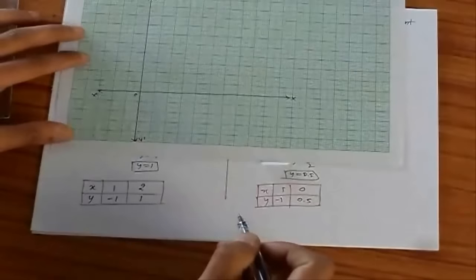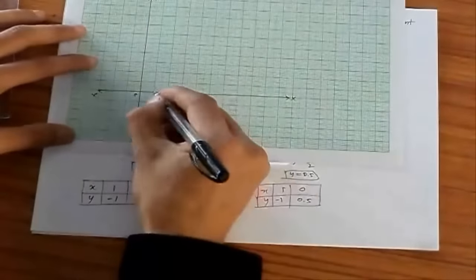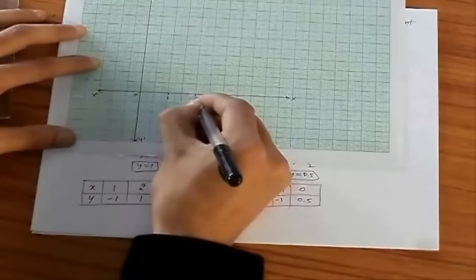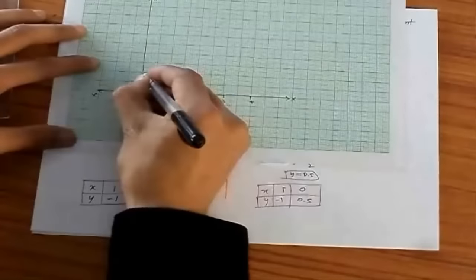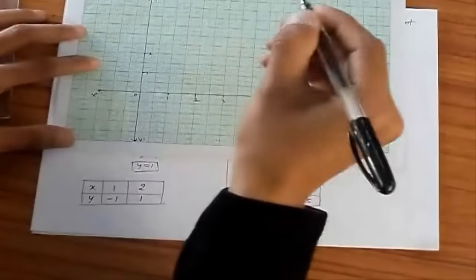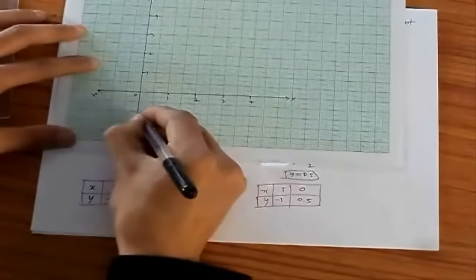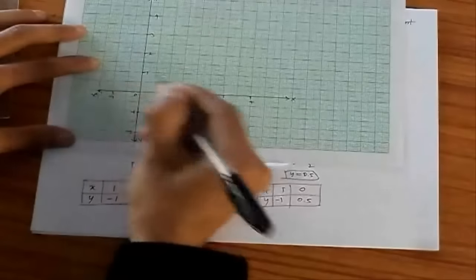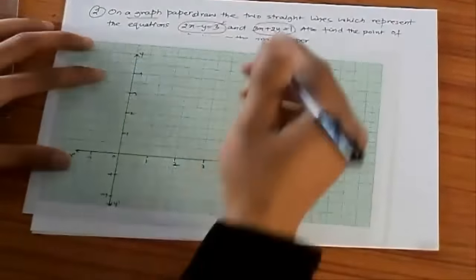I'm going to take 2 centimeters as 1 unit. 1, 2, 3, 4, and -y1, -y2, -x1. And we have 2 equations.